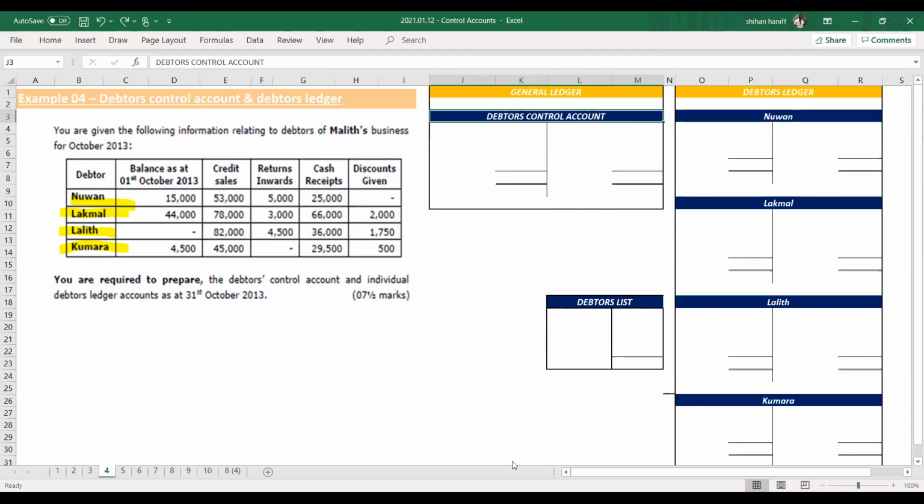So we have transactions: opening balance, credit sales, return inwards, cash receipts, discount due.